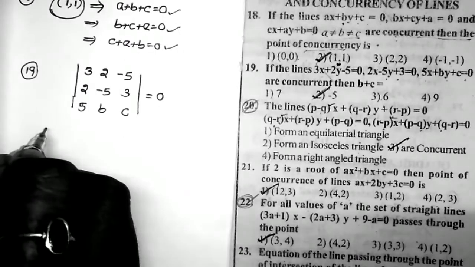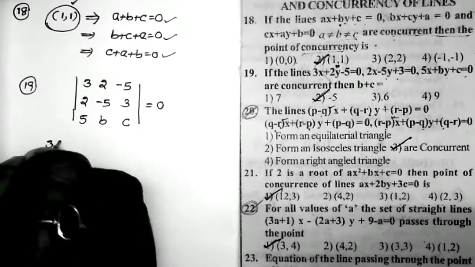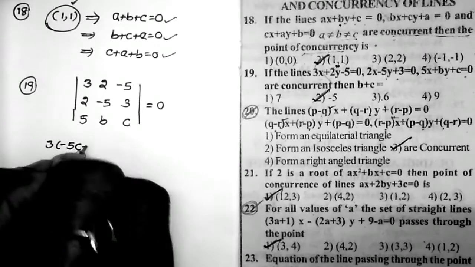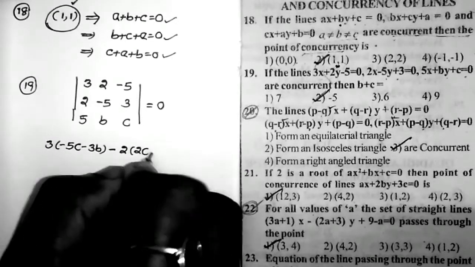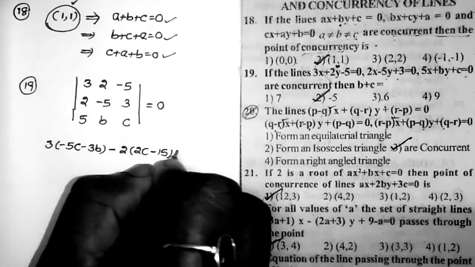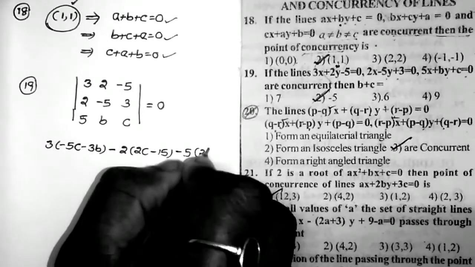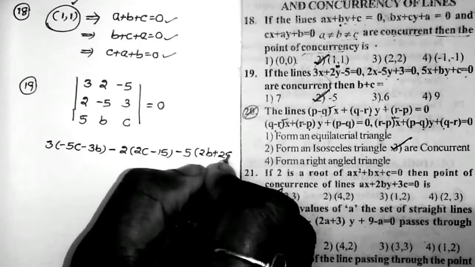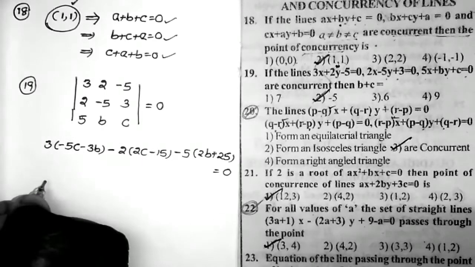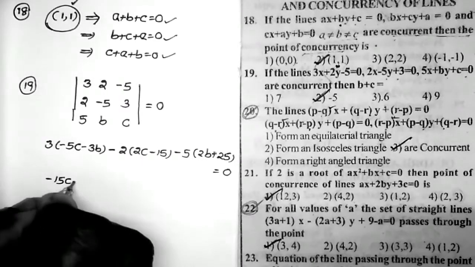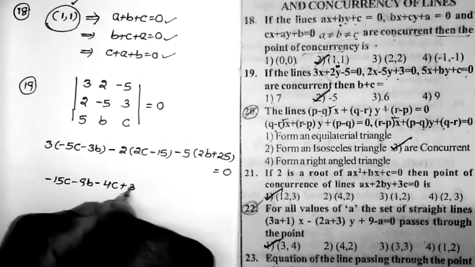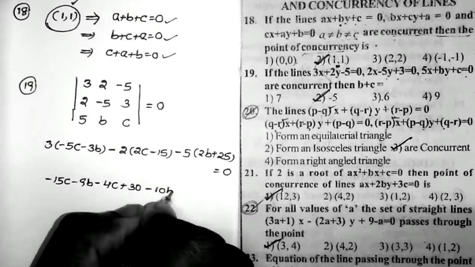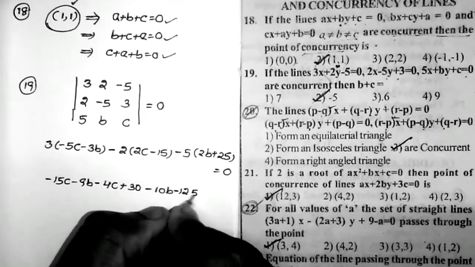That is just doing the determinant value here: 3 into minus 5c minus 3b, minus 2 into 2c minus 15, minus 5 into 2b plus 25 is equal to 0. That is minus 15c minus 9b minus 4c plus 30 minus 10b minus 125 is equal to 0.